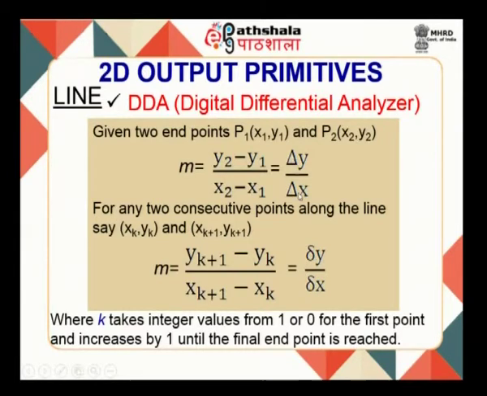Here k takes integer values starting from 1 or 0 for the first point and increases by 1 unit. So k starts with the first end point and keeps moving till the other end point.